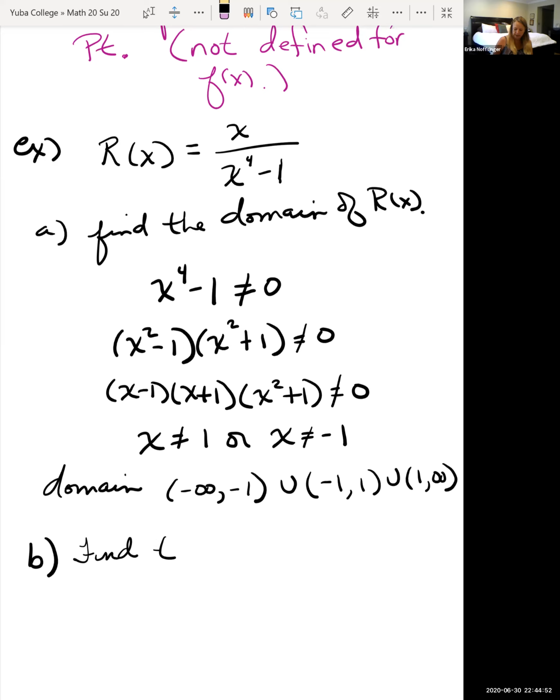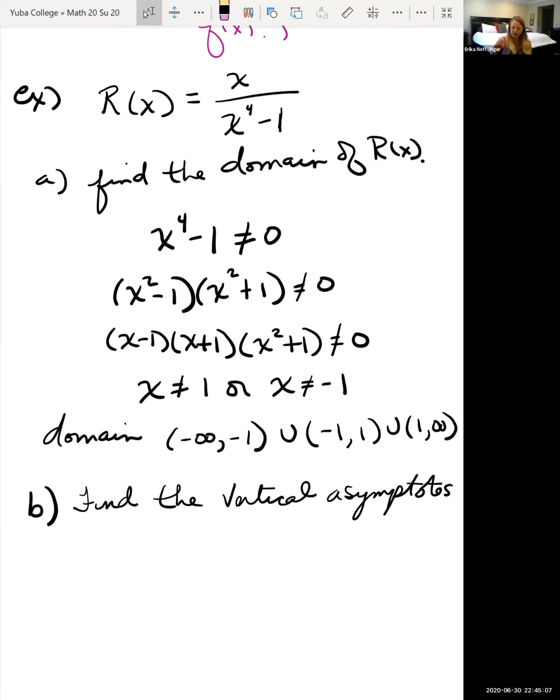So find the vertical asymptotes. Okay, so these are numbers that set the denominator equal to 0, but not also the numerator. So numbers that set x to the 4th minus 1 equal to 0, but not also our numerator, x equals 0.